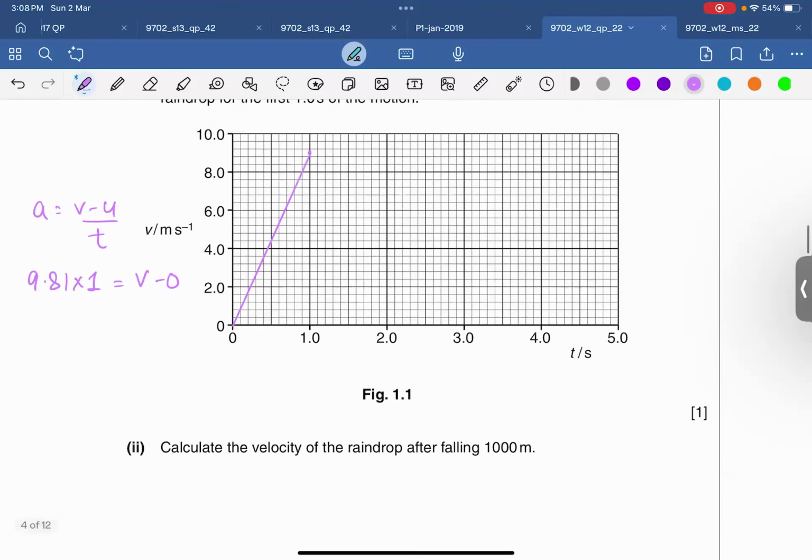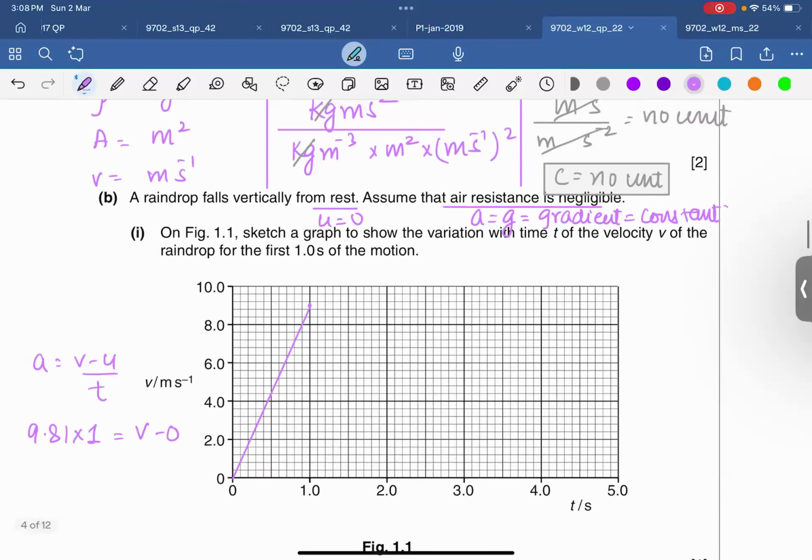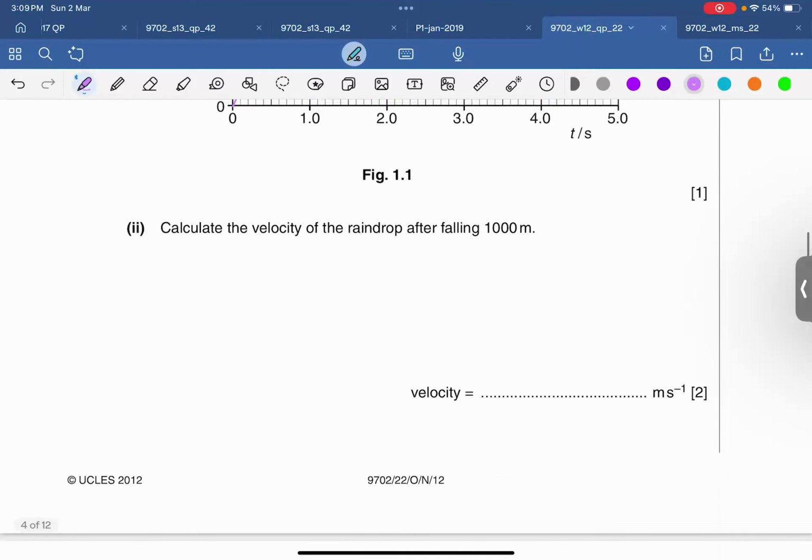Okay, if they're saying the air resistance is negligible, you have two options. Either you can use kinematics, or you can use the law of conservation of energy. Look, this is the raindrop, and it is falling 1000 meters.